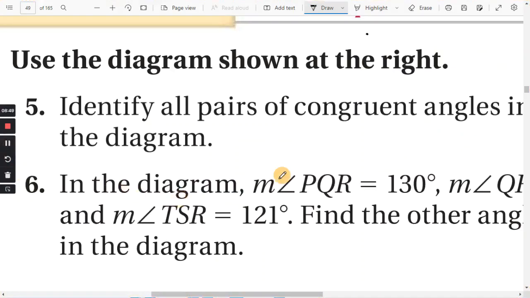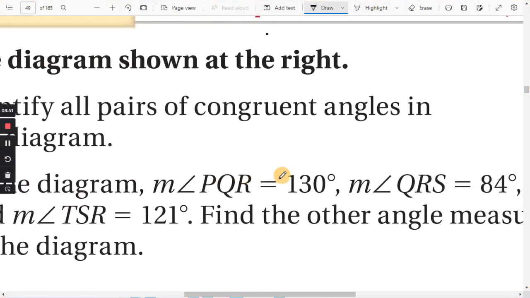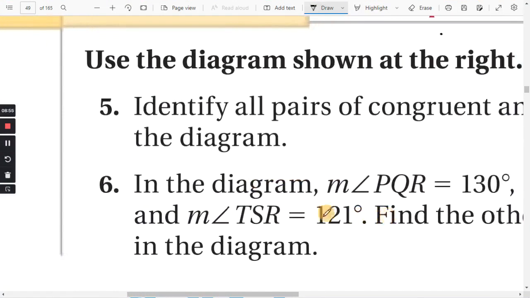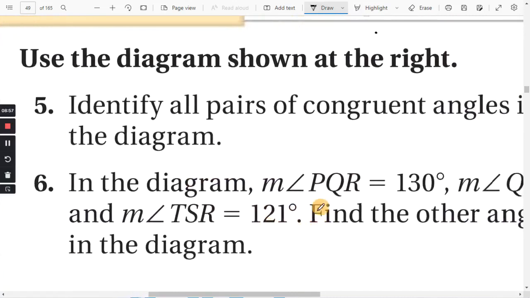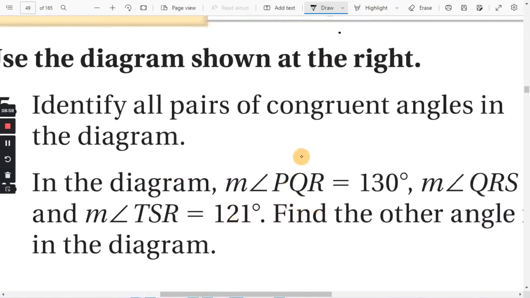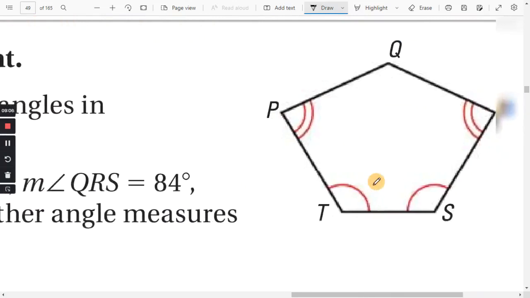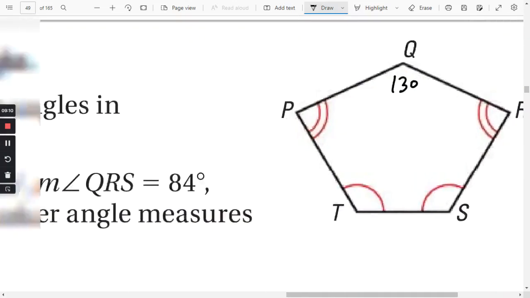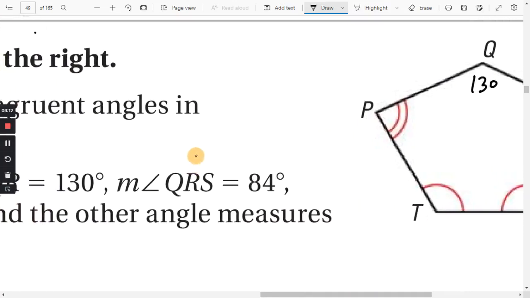All right, in the diagram, PQR is 130, QRS is 84, TSR is 121. Let's label those, okay? Instead of using the 3 letters, just use the vertex letter, okay? So go by the one in the middle. Q is 130, so I'll go to Q and write 130. And then QRS, we'll go with angle R, that's going to be 84.